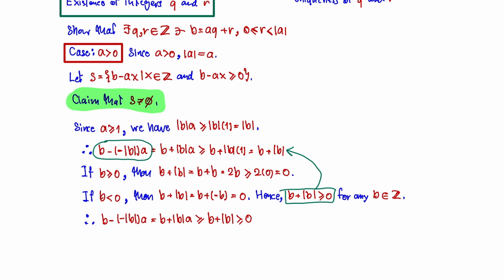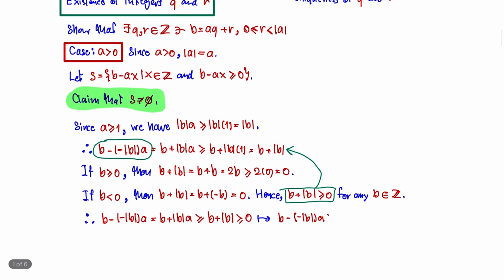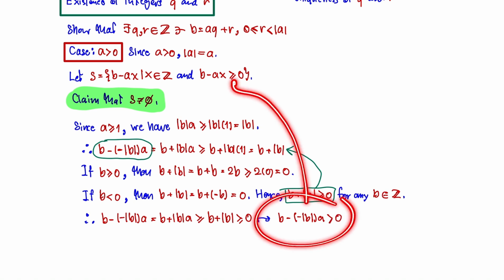Therefore, what do we have? This shows that this term is greater than or equal to 0. So b minus the absolute value of b times a is going to be greater than or equal to 0, and it satisfies this condition.